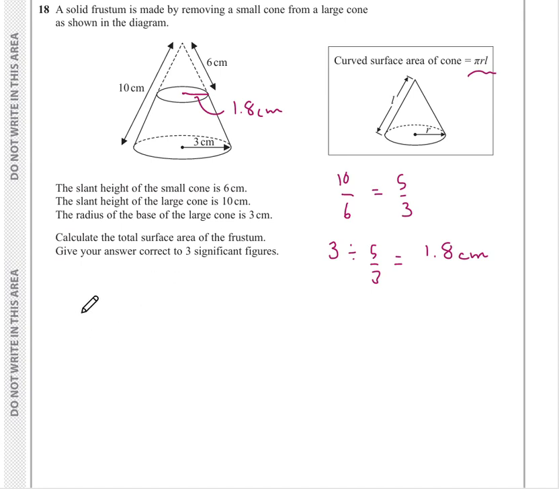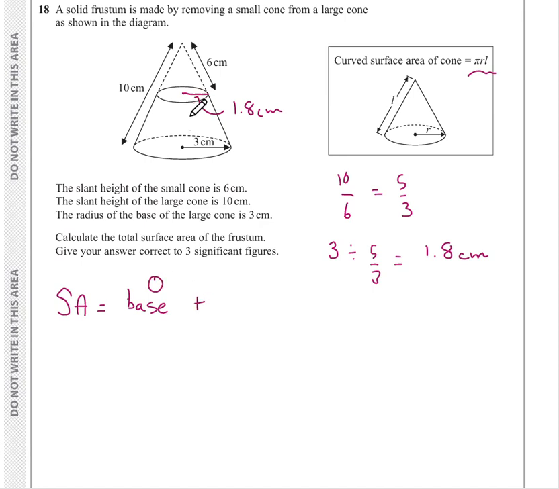Okay, so let's have a think about how we're going to work out the surface area. There are a few parts, aren't there? There's going to be the base, which is a circle.